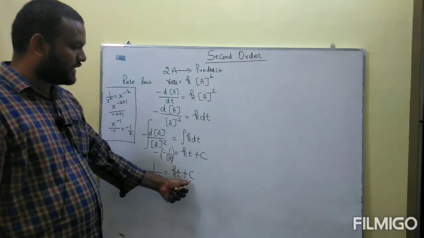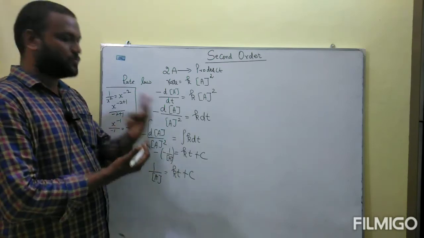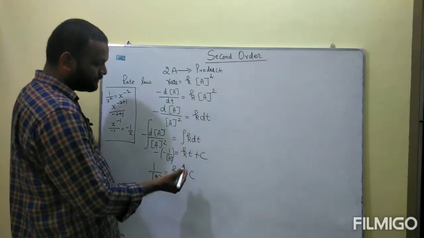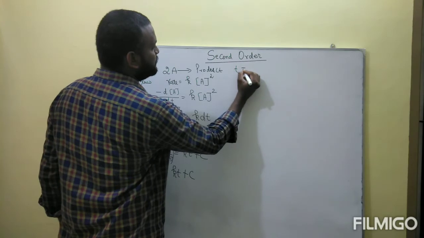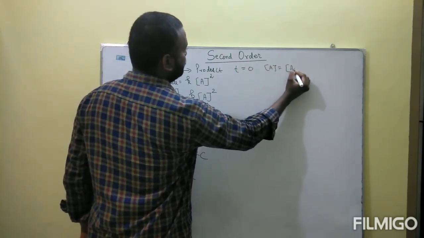We should know the value of C, so we compare with the initial concentration. Consider when t is equal to 0, the concentration of A is equal to A0.